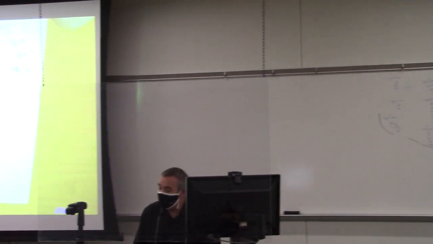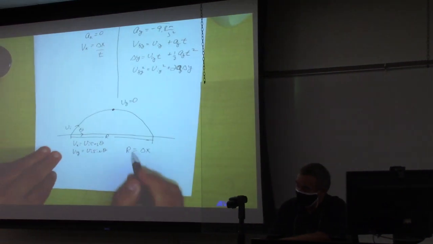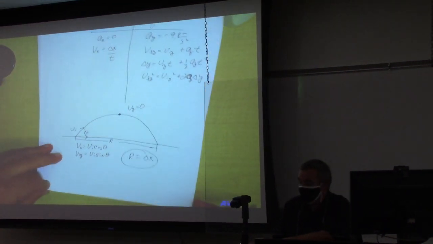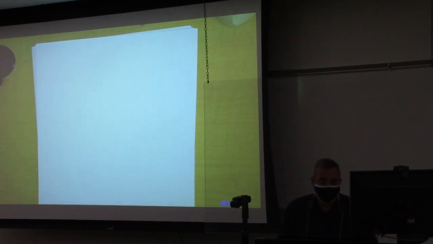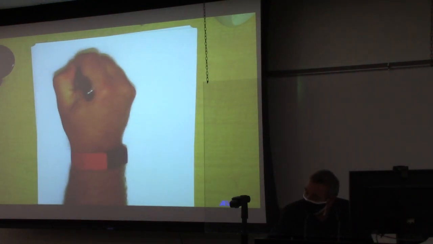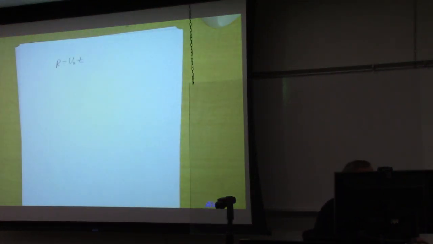Okay, what we can do is start with the x direction, right? That's what I'm calling the range. So let me get a new piece of paper out. So just a little bit of algebra. The range is the x velocity times the time. That's not really what I want yet, right? I want the range, but I don't want to know the x velocity or the time.